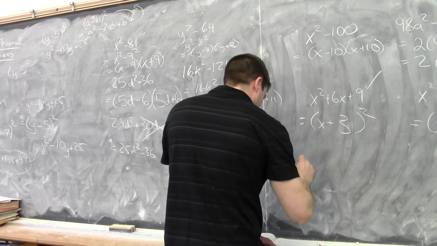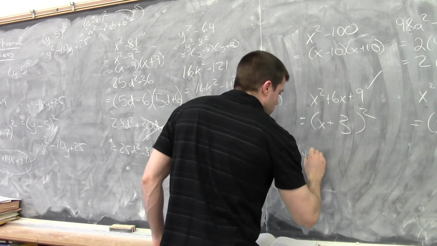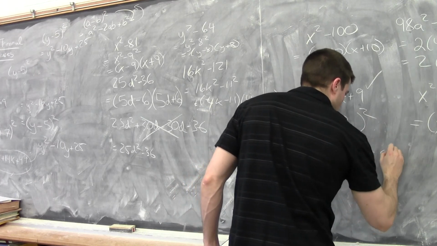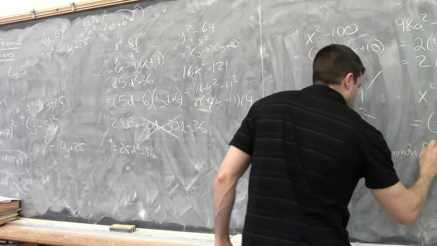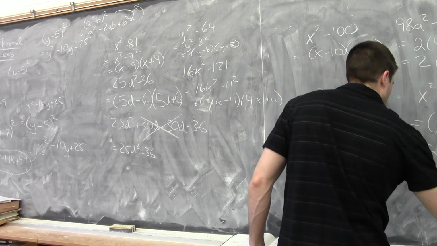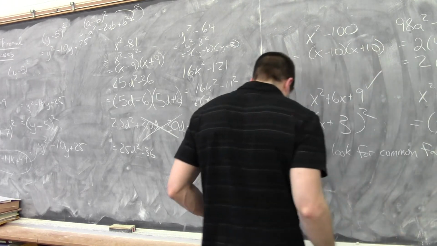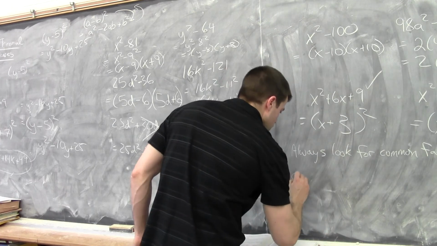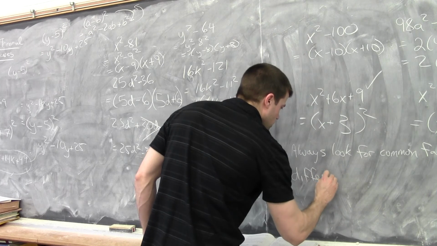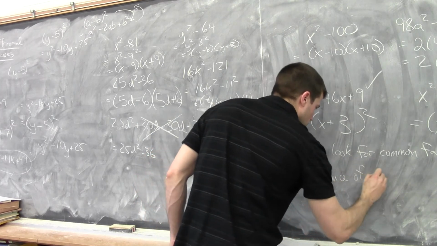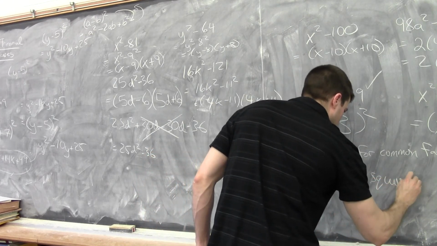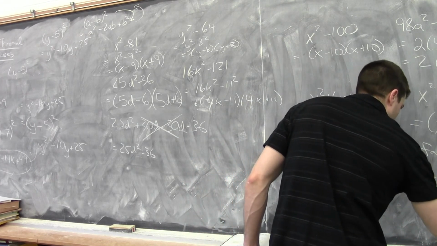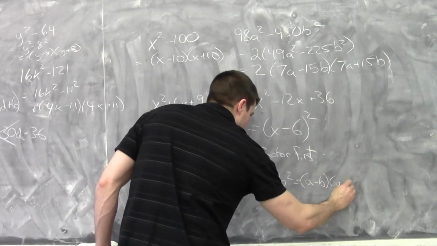Okay, so to summarize, you're going to always look for a common factor first. So difference of squares can factor. Guys, copying this down.